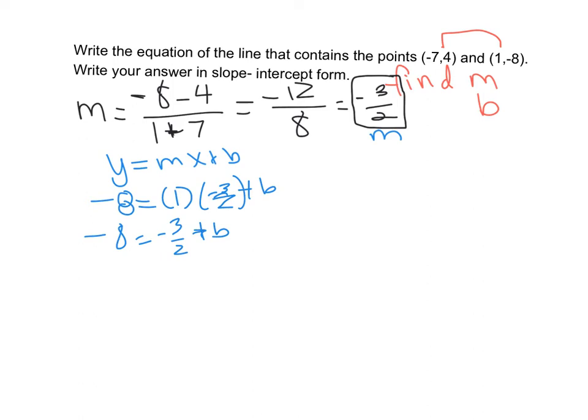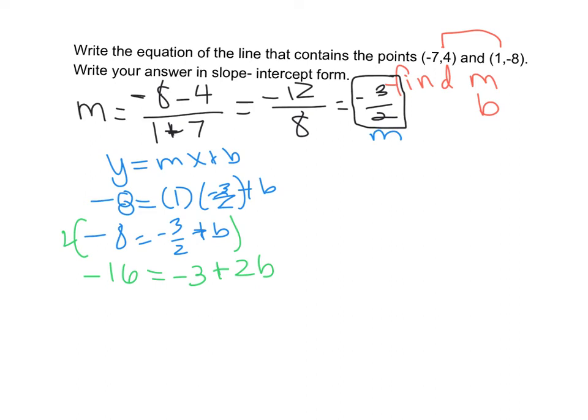From here I can solve by adding 3 halves to both sides, or I can get rid of the fraction. I'm going to get rid of the fraction because nobody likes to work with fractions very much. So I'm going to multiply everything by 2. That's going to give me negative 16 is equal to negative 3 plus 2b. Remember we have to multiply the b by 2 also if we're going to do this technique.